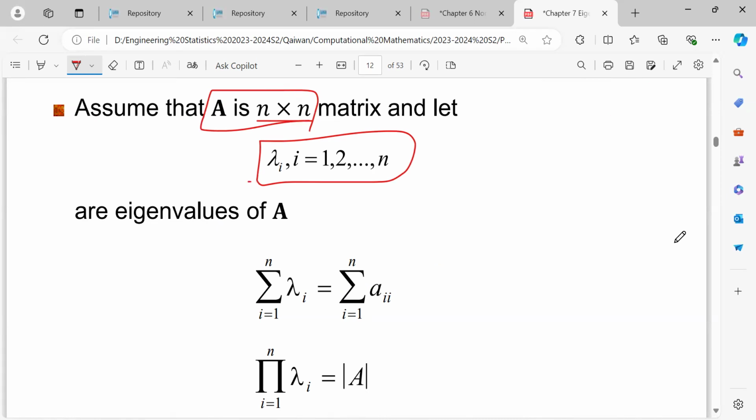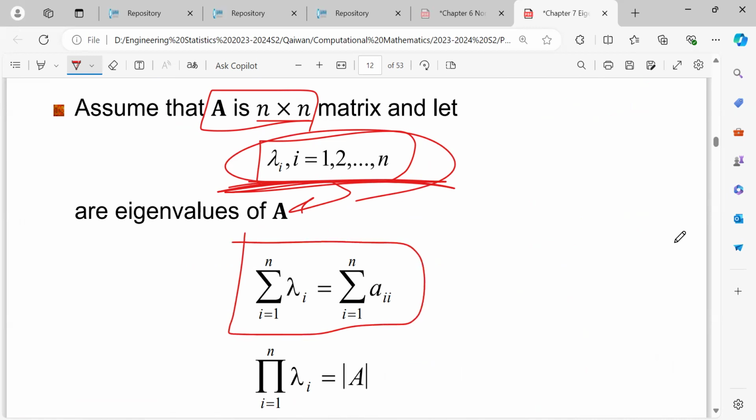These are the eigenvalues of the matrix. We say the sum of all eigenvalues must be the sum of all main diagonal entries.